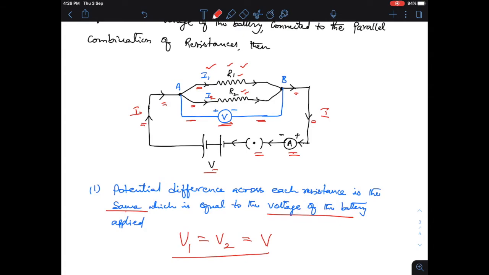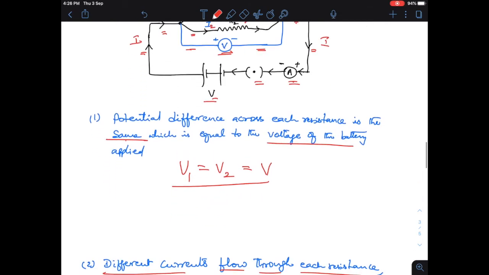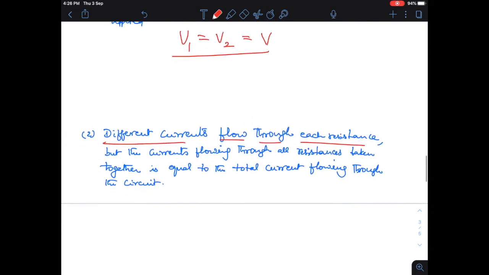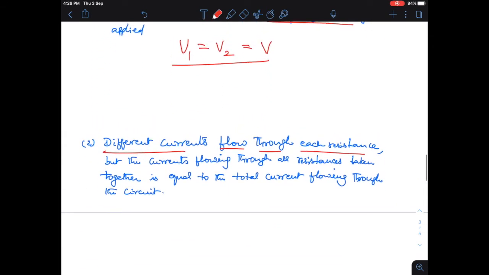So, if I measure the voltage values, I1 R1 is equal to I2 R2, which is equal to V is equal to IR. So, that is what it is.